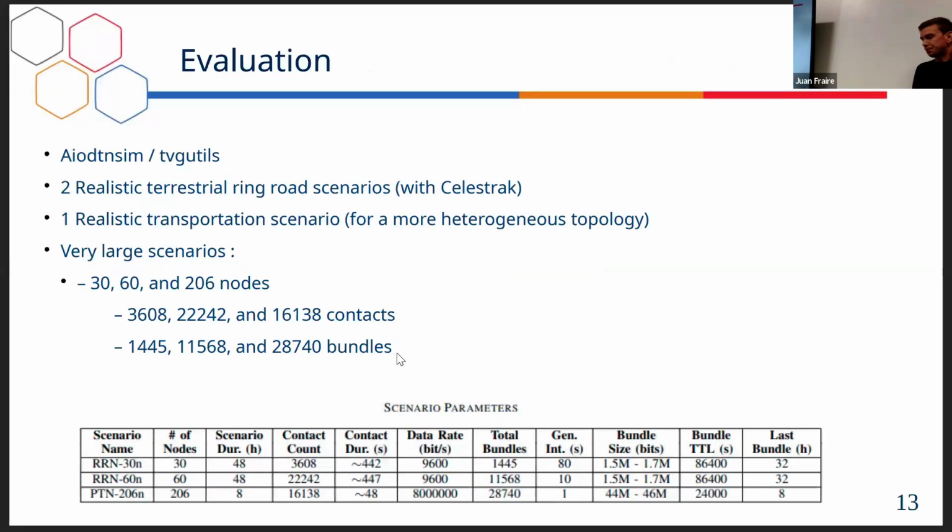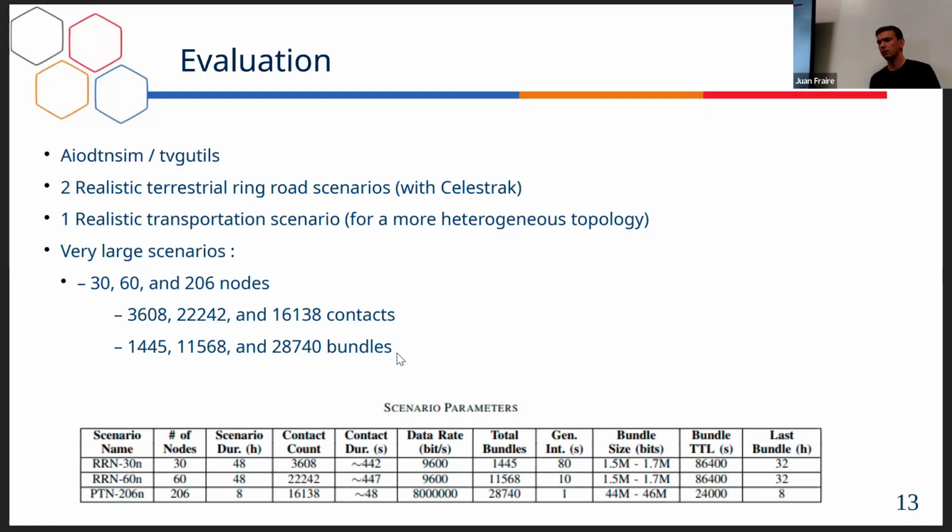For the evaluation, we use the IO-DTN sim, developed by Felix Walter, on a realistic scenario, so the ring road use case, quite large scenarios, with more than 200 nodes, quite a lot of contacts and also quite a lot of bundles. We also introduced one realistic transportation scenario.